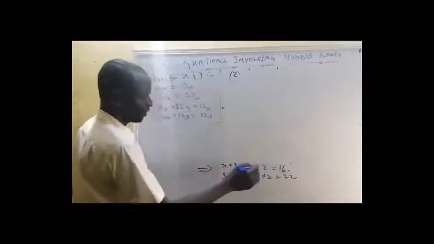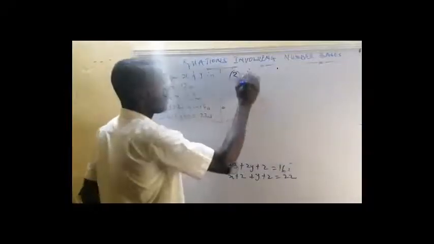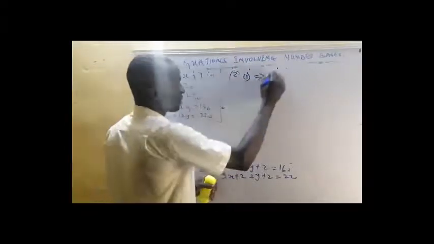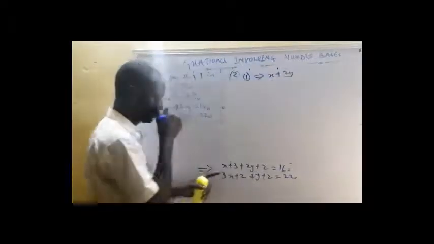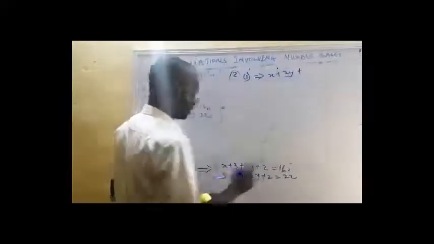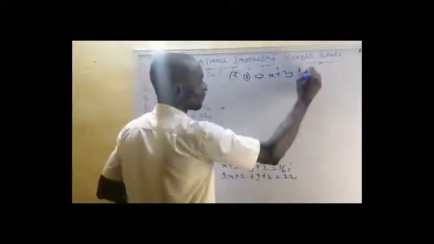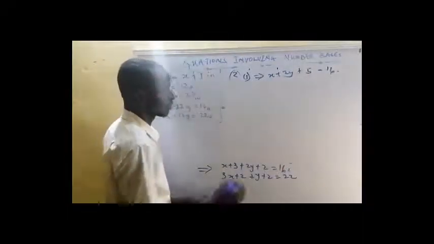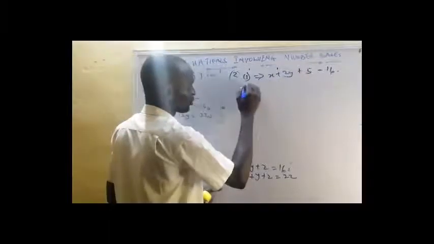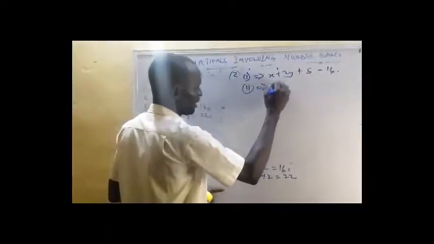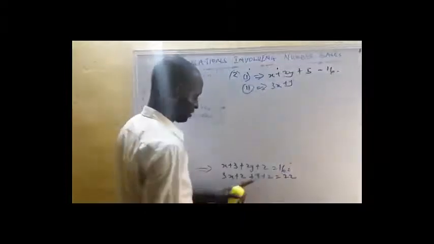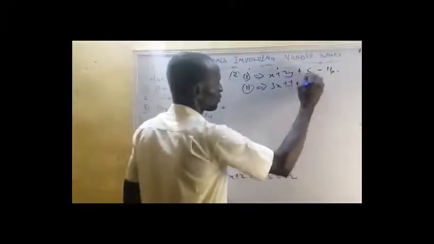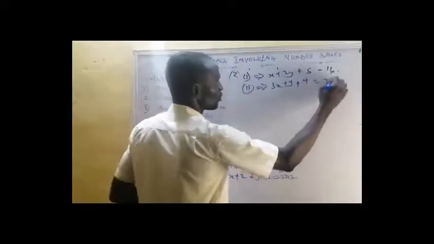Now, my equation 1 finally becomes x plus 2y plus 3 plus 2, that's 5, is equal to 16. Equation 2 becomes 3x plus y plus 2 plus 2, that's plus 4, is equal to 22.